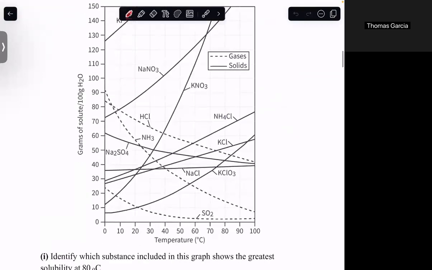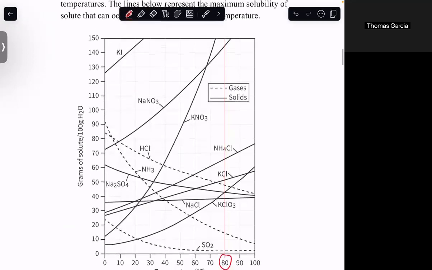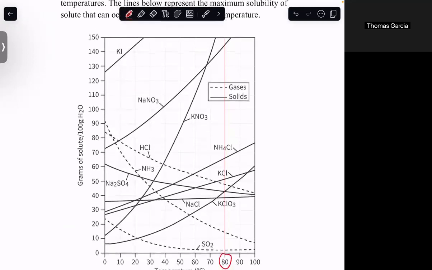Identify which substance included in this graph shows the greatest solubility at 80 degrees Celsius. So when we look at this, we're going to identify 80 degrees Celsius right here on our x-axis. We're going to draw a line straight up, and we will see that at 80 degrees, the greatest solubility, specifically on this graph, appears to be NaNO3.